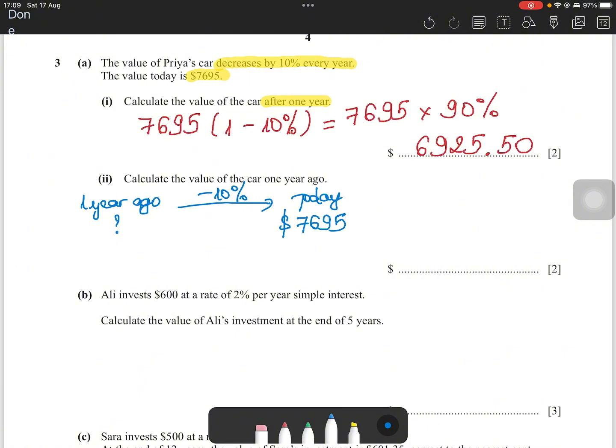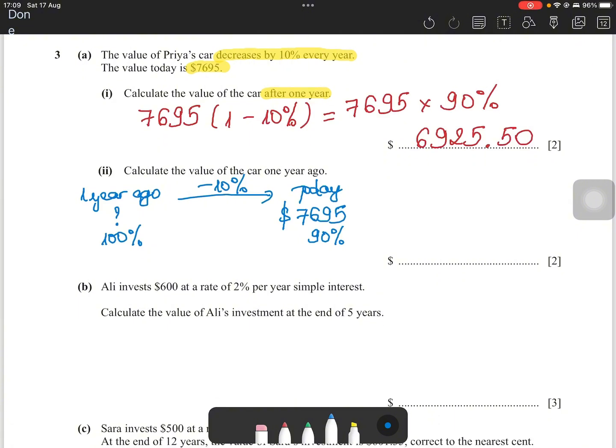And you know that 1 year ago should be 100% in this case. And after a decrease of 10%, then today's value is only 90%. So how do we find the value of the car 1 year ago? We will need to divide 7,695 by 90 to find the value of 1%. Then we multiply by 100 to find the value of 100%. So the answer is $8,550.